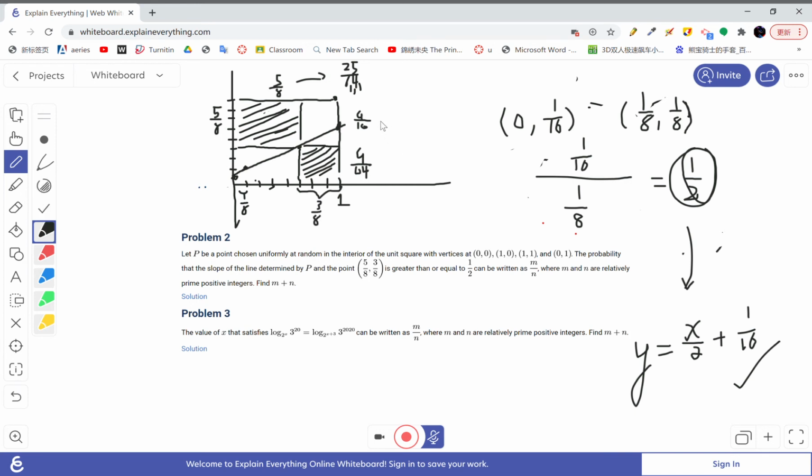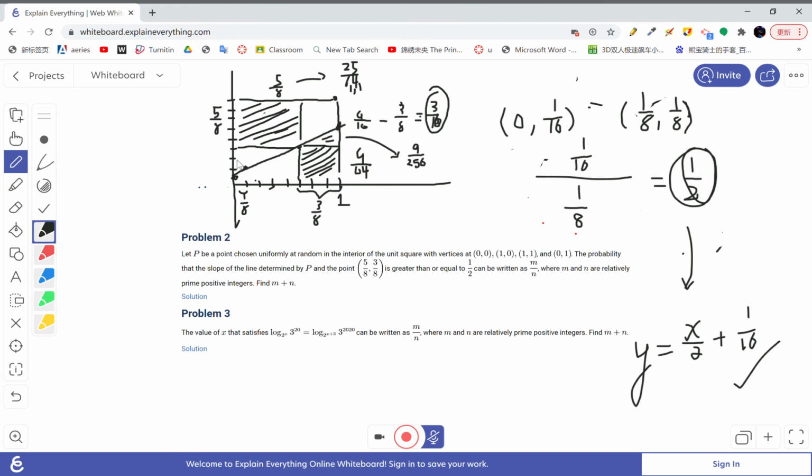We subtract 9 over 16 by 3 over 8, which results in 3 over 16. So this is 3 over 16, and this is 3 over 8, and we times 1/2, which gives 9. So this area is equal to 9 over 256.